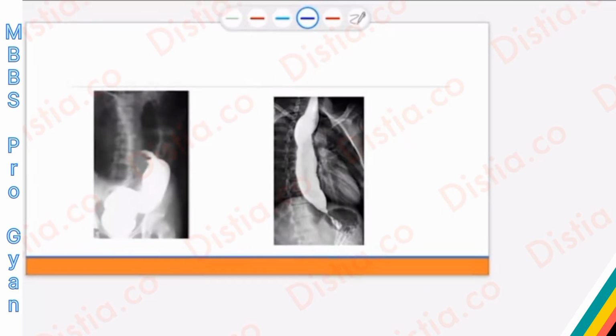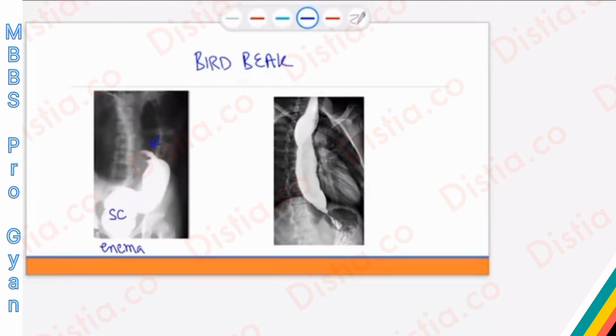I'm now showing you two images, very classical ones. Both of them have a bird beak appearance, but there's a gross difference. You can definitely see that this would be the sigmoid colon. SC stands for sigmoid colon, and then you can see this bird beak appearance in a barium enema.